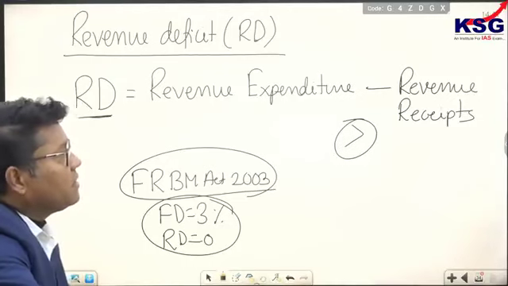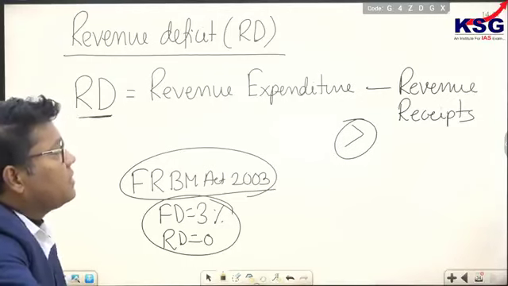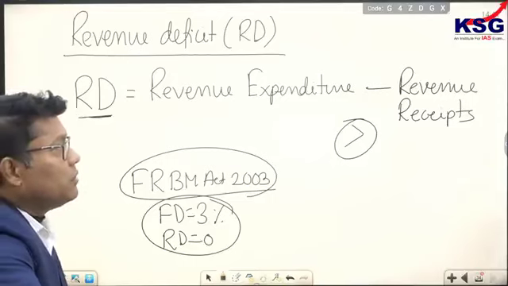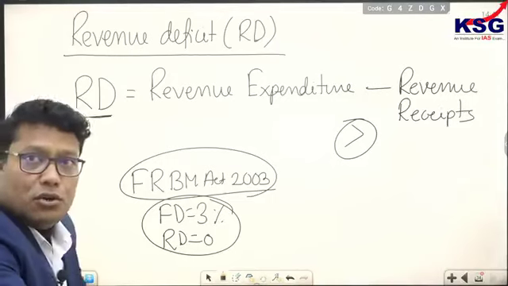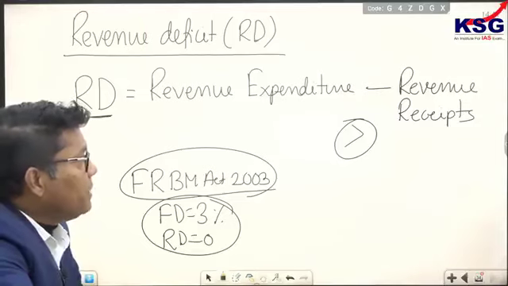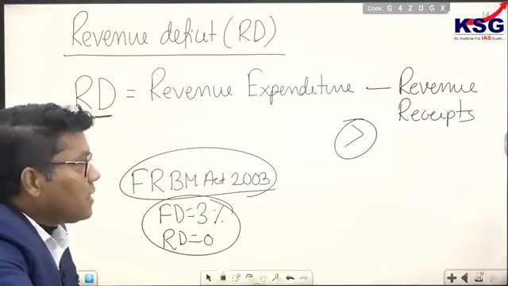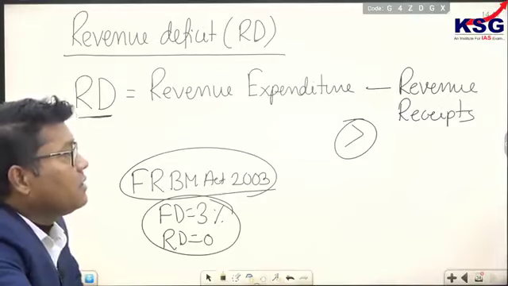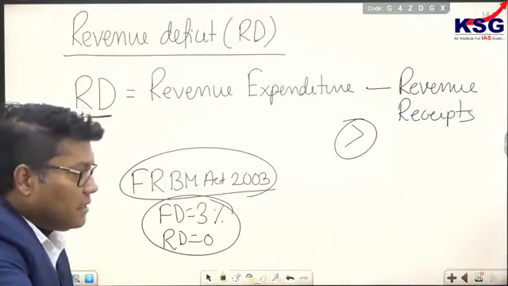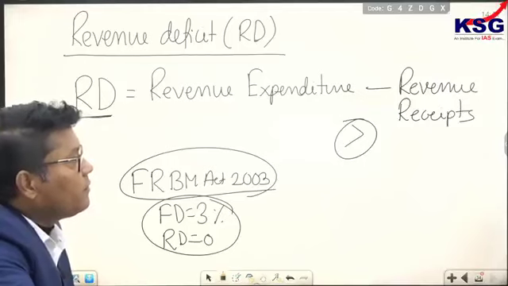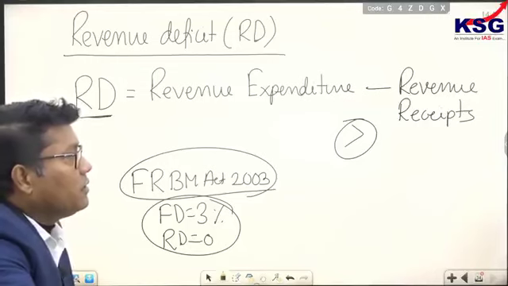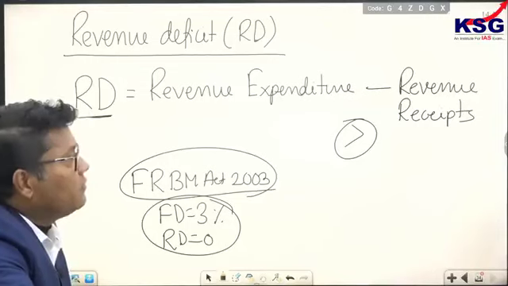Okay, full stop. Revenue deficit represents that the government is not able to meet consumption expenditure, that is day-to-day expenditure, from their own resources.